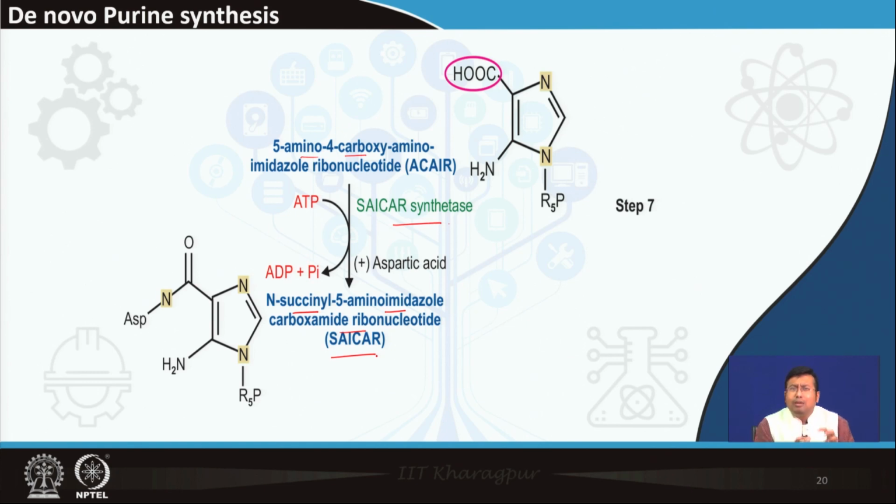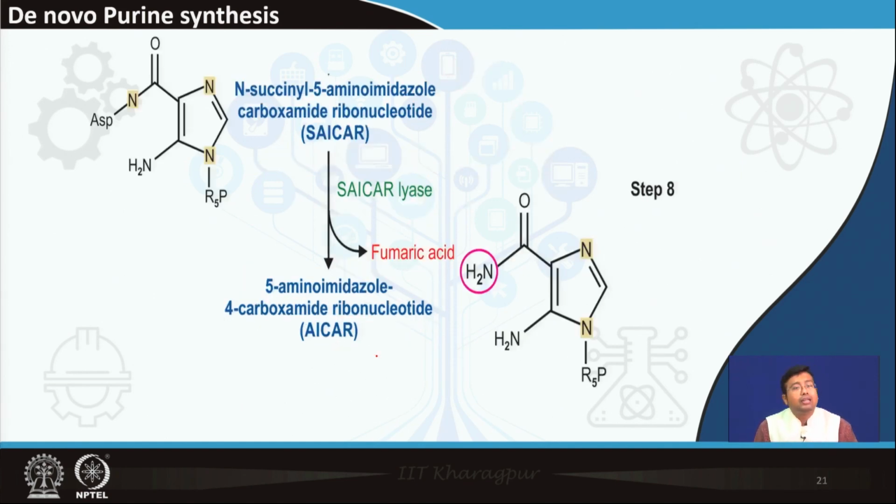Now, do you remember in urea cycle where there was a synthetase enzyme where aspartate came in? Argininosuccinate synthetase. If you have recalled it, very good, because what happens in the next step is very similar to that of urea cycle. Whenever aspartic acid is coming in, synthetase, the next enzyme over there was lyase and fumarate was going out.